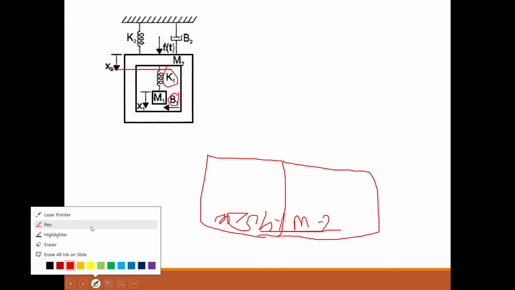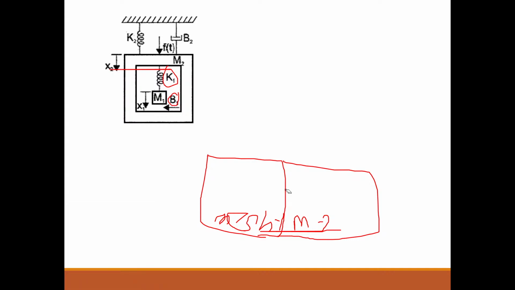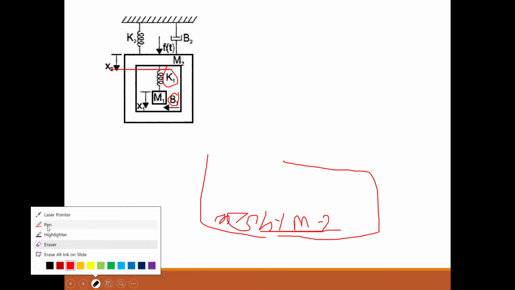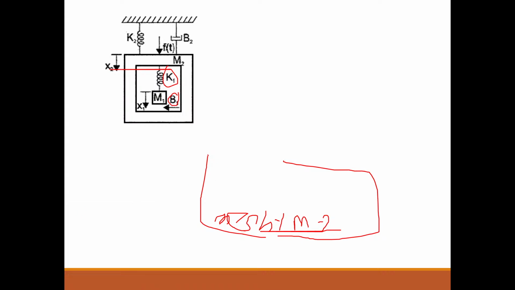You must always draw the meshes with pencil so that you can erase it. So I am erasing this. Here what should I draw? I must draw a capacitor. Since it is 1 by C1, the capacitor should be in series with the resistor. So this is my resistor.